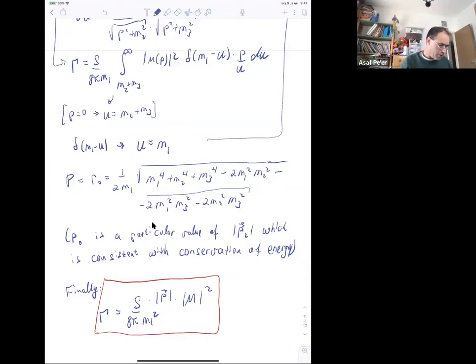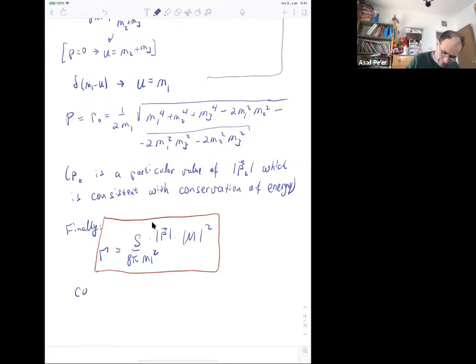Okay, just a few more comments, final remarks. I said M depends only on the magnitude of the vector P2. That is not exactly accurate, because it may depend also on another vector, which is the angular momentum of the decaying particle.